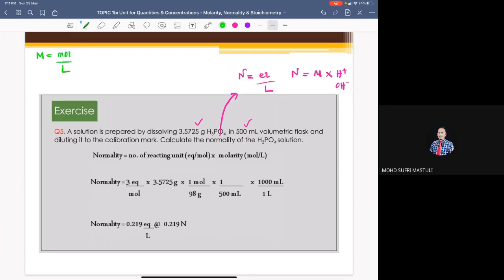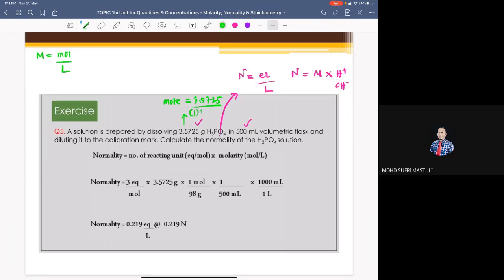So we have to get the mole of this acid. Mole is 3.5725 divided by the molecular mass of H3PO4.